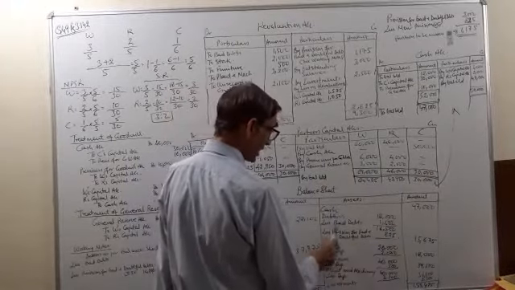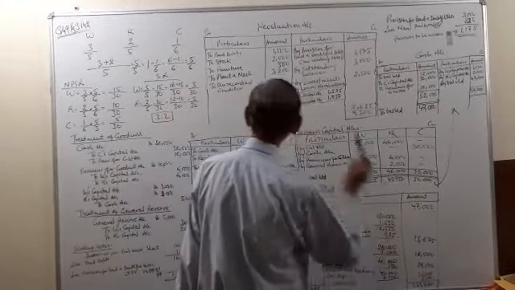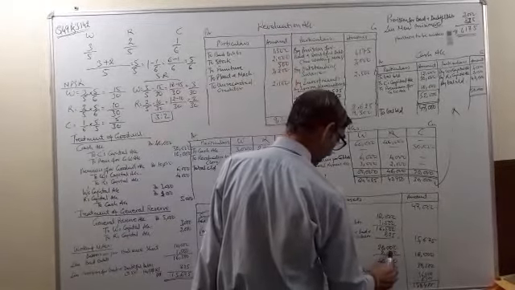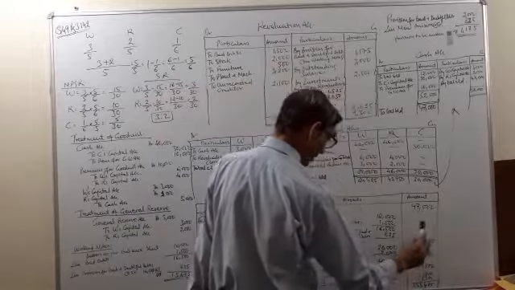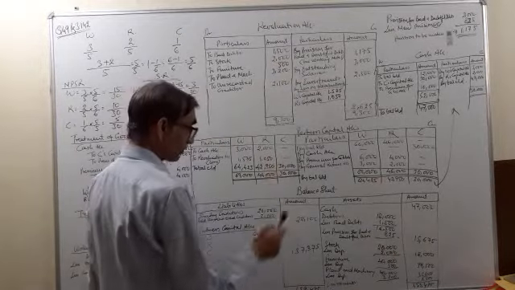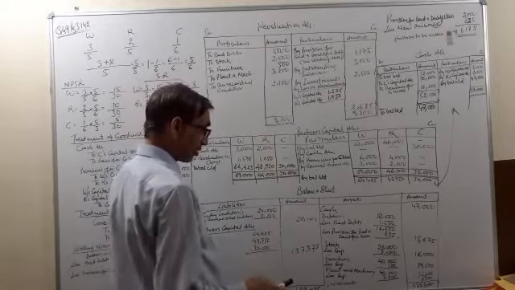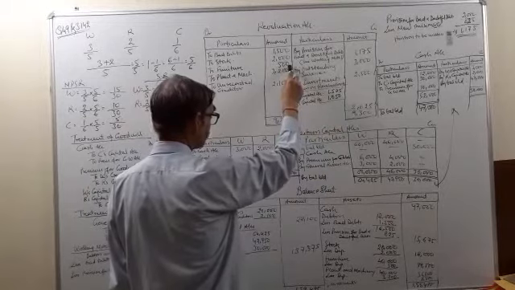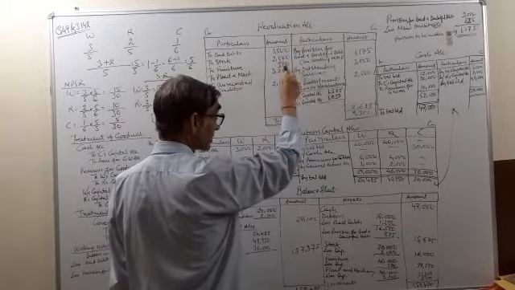Now stock as per the old balance sheet was 20,000. 2,000 was the depreciation on the stock. We have subtracted it, so the stock value is now 18,000. Then furniture. In the old balance sheet the value of furniture was 40,000, and it is mentioned that it is to be reduced by rupees 500.